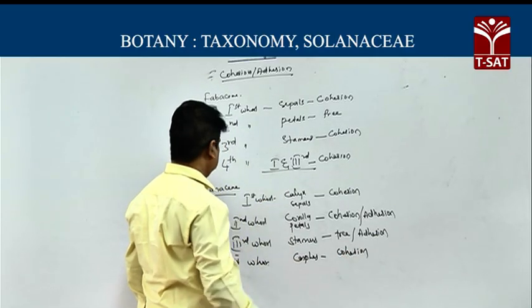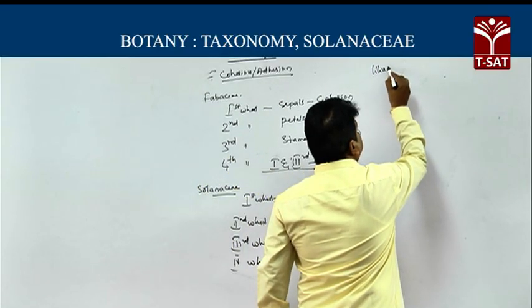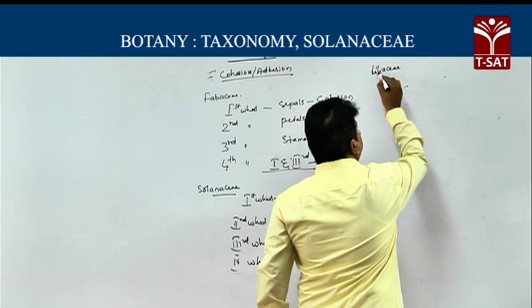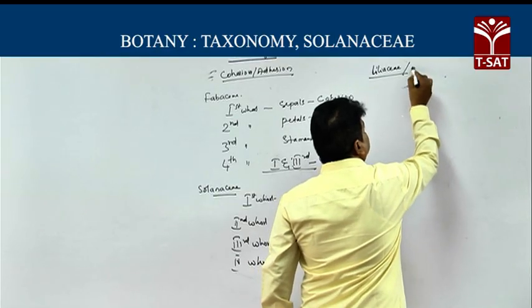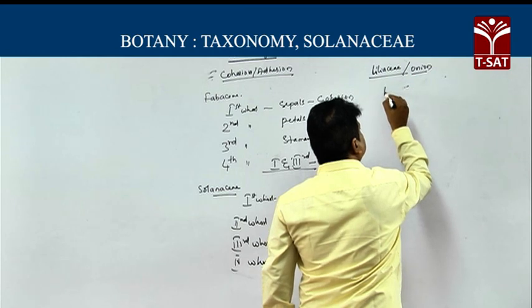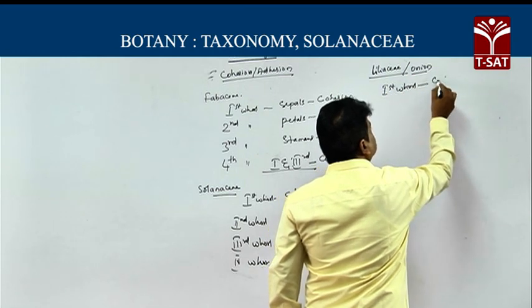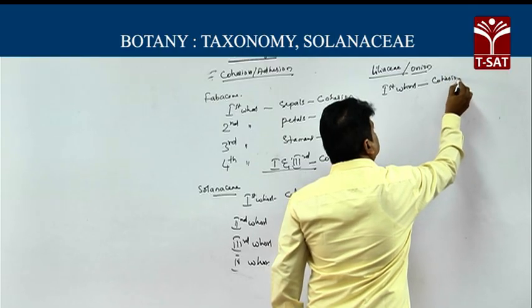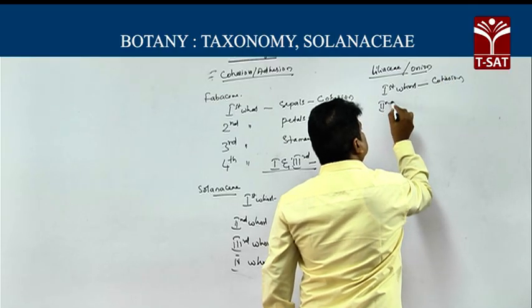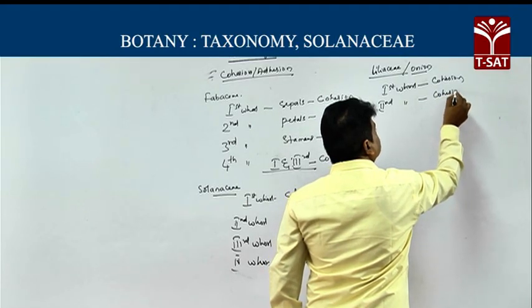Fabaceae, Solanaceae, Liliaceae. Liliaceae, particularly for onion. Perianth members, first whorl fused, cohesion. Second whorl fused, cohesion.